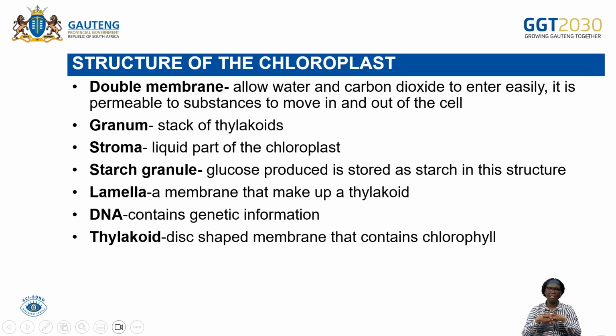It contains genetic information. Thylakoid, a disc-shaped membrane that contains chlorophyll. And remember we said, chlorophyll is the pigment that will trap light, that will trap radiant energy for photosynthesis to take place.